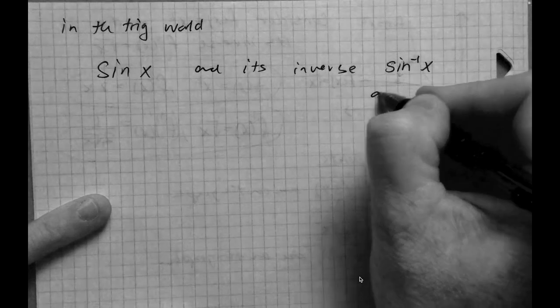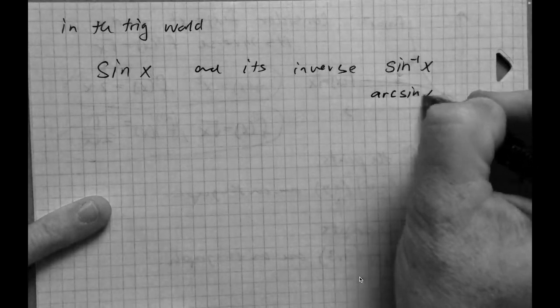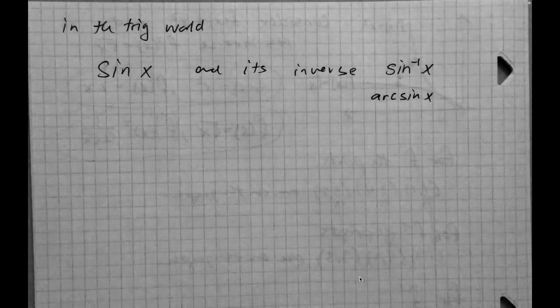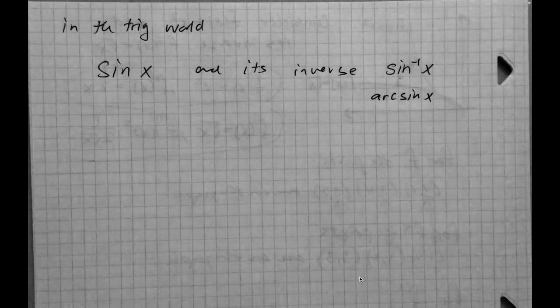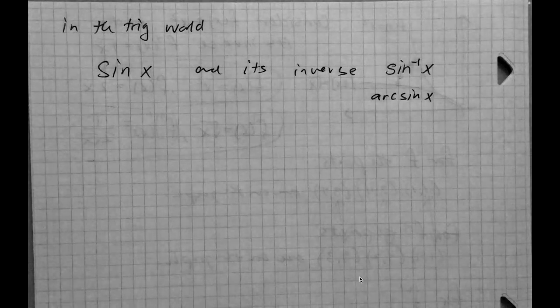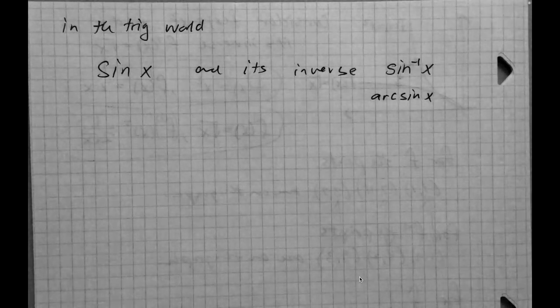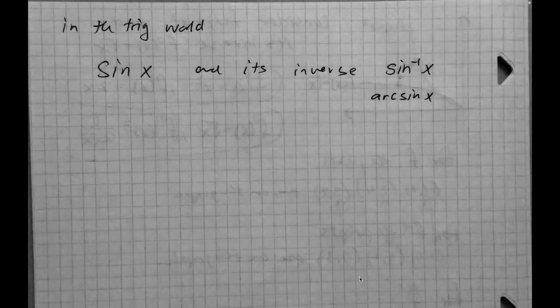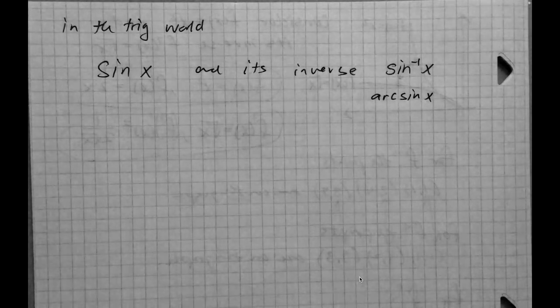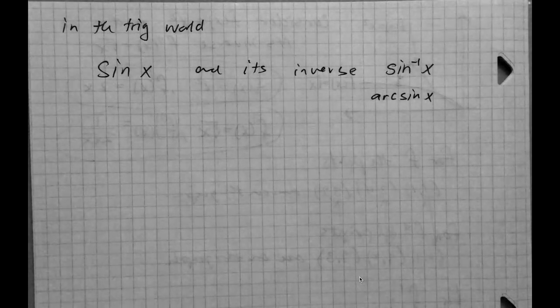You may also see, if you recall, the arcsine notation. Here we are talking about the inverse, the arcsine, not sine raised to the -1 power. So the question is, what is the derivative of the arcsine? What's the derivative of the inverse trig functions in general?